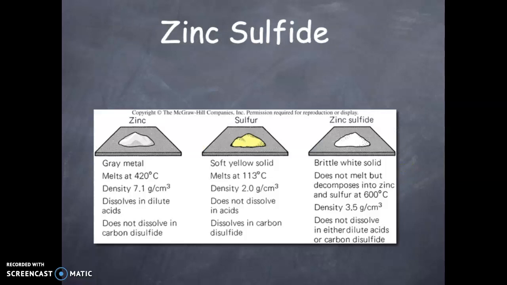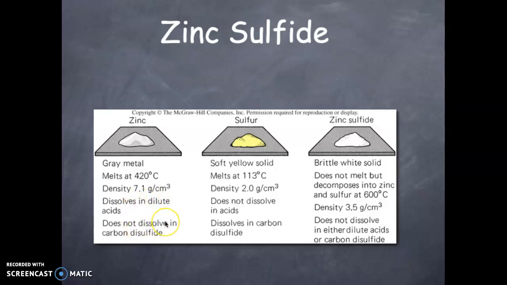Example, zinc sulfide as a compound. You can take zinc as on this plate. Zinc is gray. It's a metal that melts at 420 degrees Celsius. Its density is given. It dissolves in dilute acid.